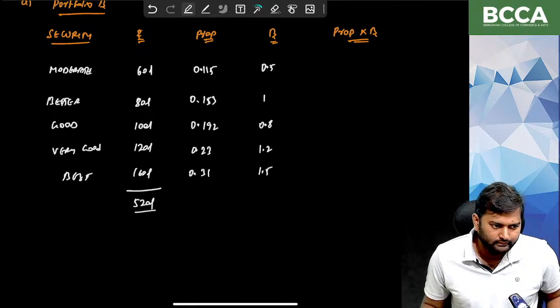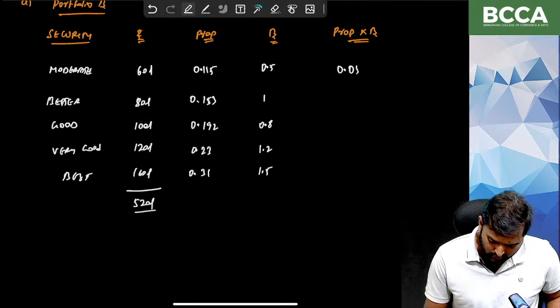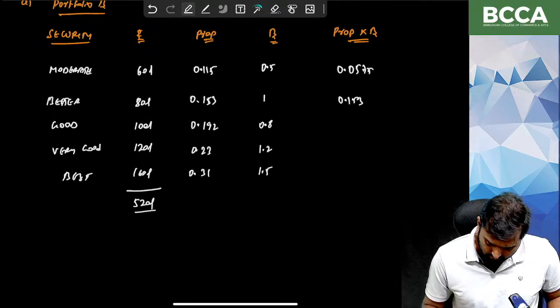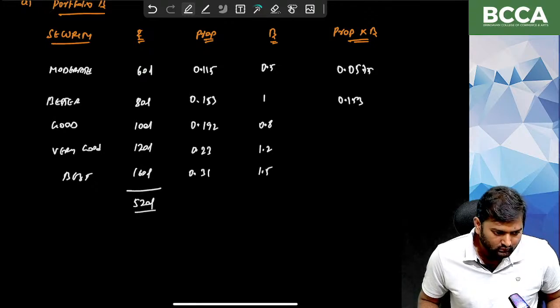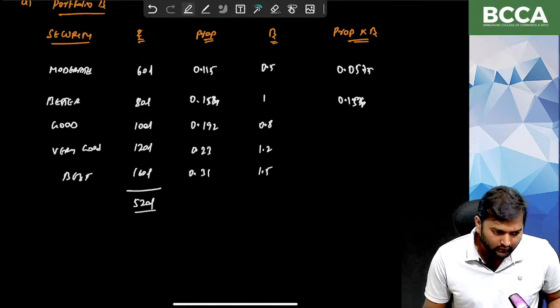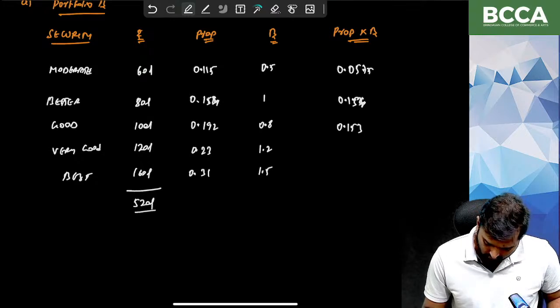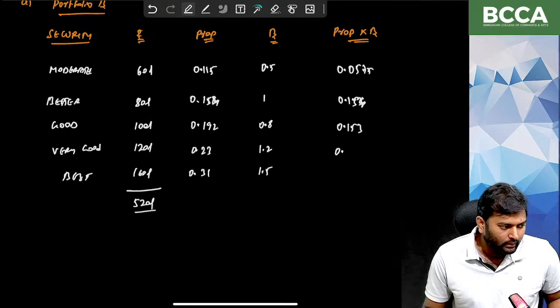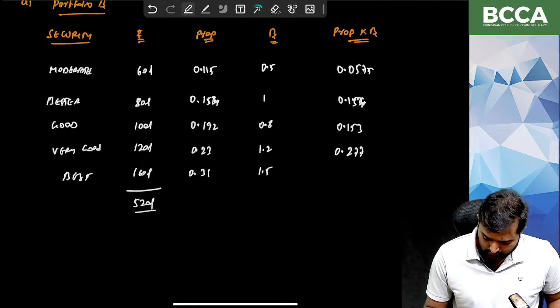Proportion into beta: 0.0575, 0.153, sorry 0.154, next 0.154, next 0.153, next 0.277, next 0.462.